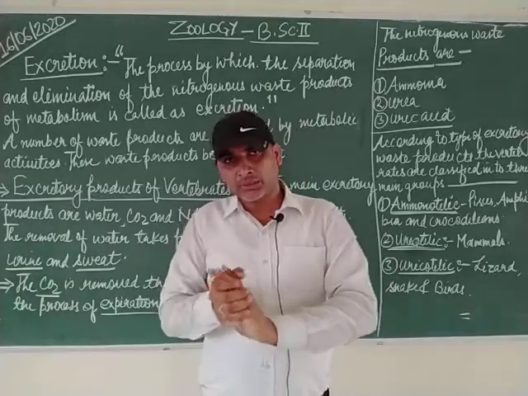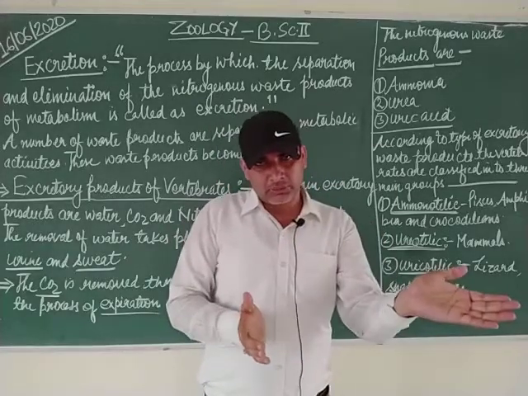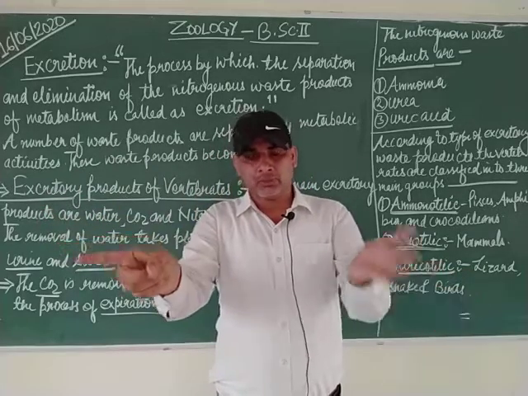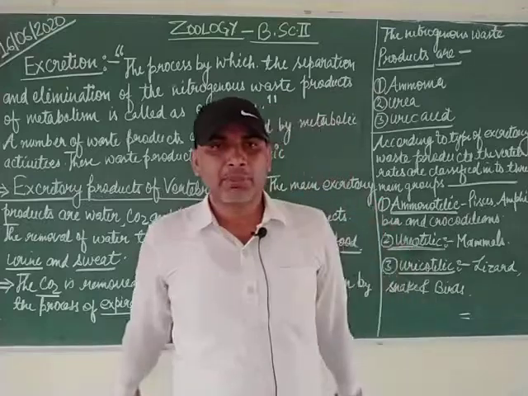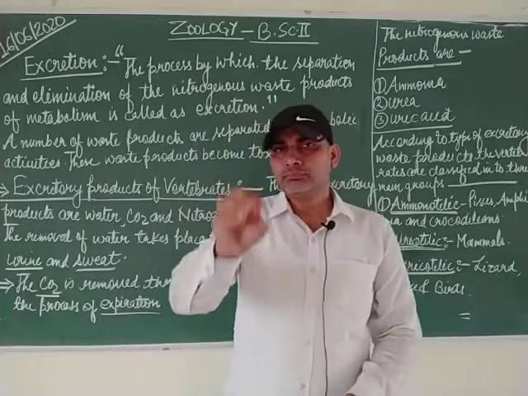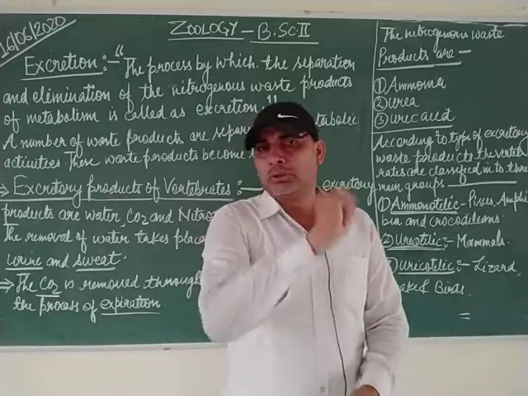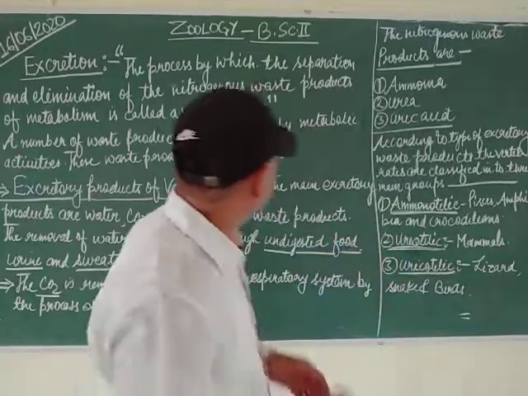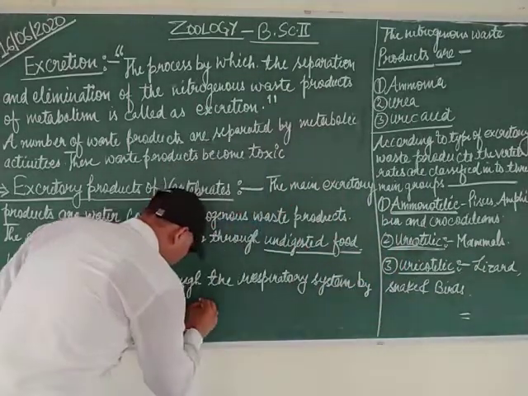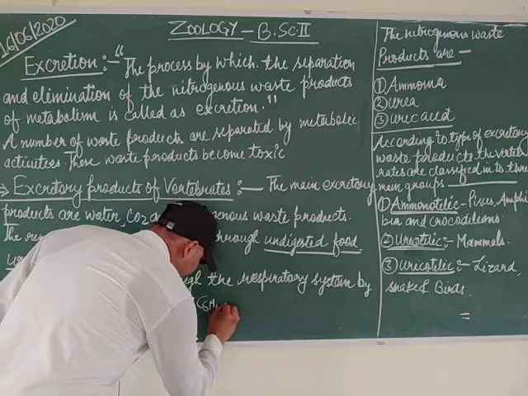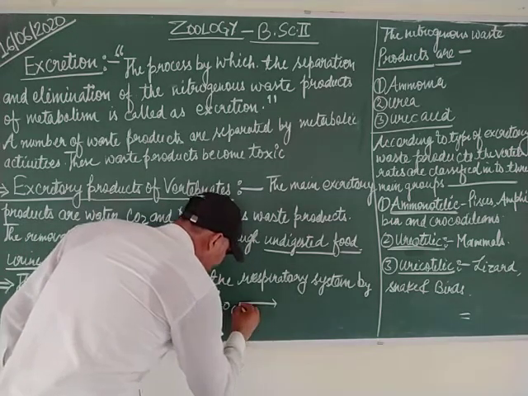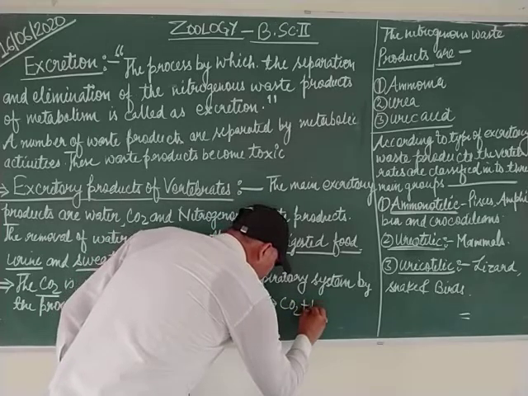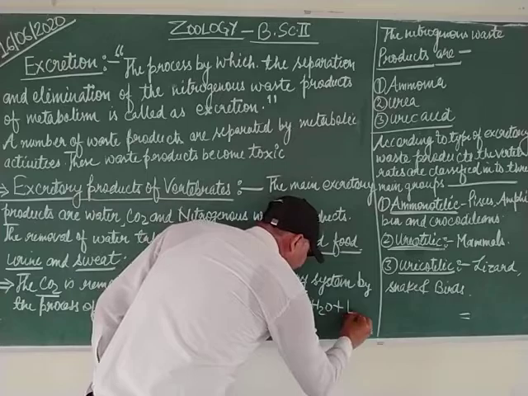As you know, after the metabolism, nitrogenous waste material is formed. Take an example: when 1 mole of glucose takes part in the reaction, glucose C6H12O6 undergoes the reaction and breaks into CO2 plus H2O and then energy.